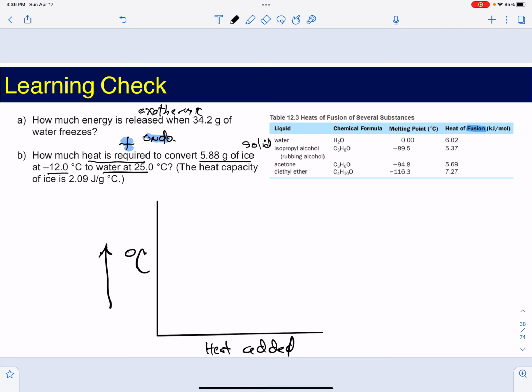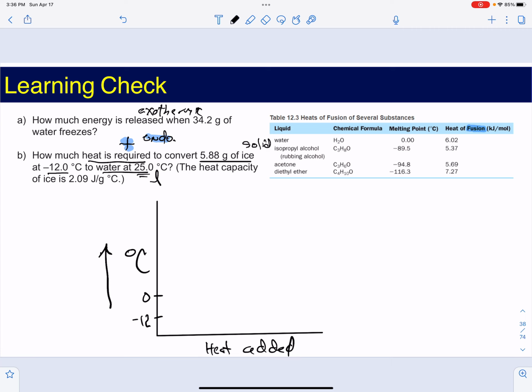We're starting with a solid. Water as a solid only happens below 0 degrees, and we are starting at minus 12 degrees Celsius. And we're going to go all the way to 25. At 25 degrees Celsius, room temperature, we know that the water is a liquid. So we're going to go from solid to liquid.